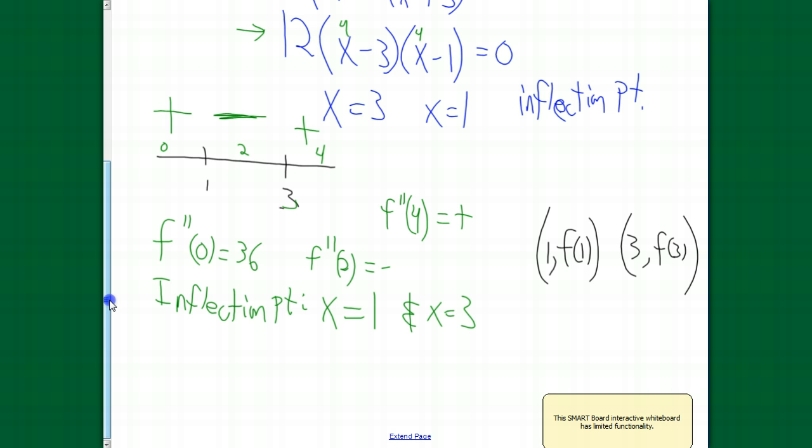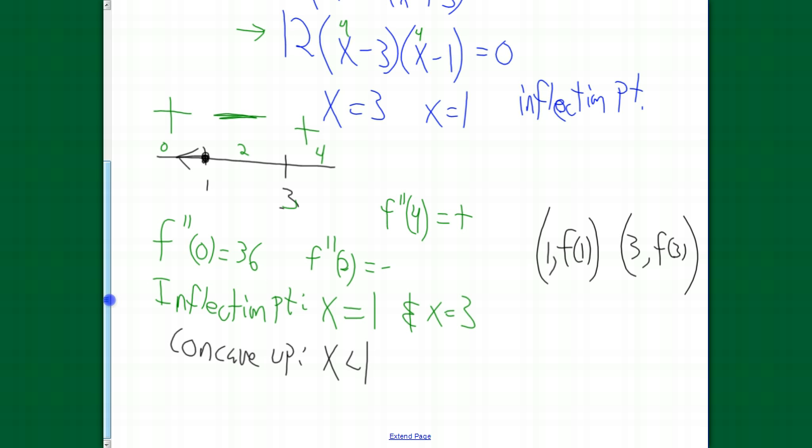All right, now we're listing intervals, just like we did with increasing or decreasing. So, when the second derivative is positive, we got concave up. That was starting at this x value of 1, less than that.